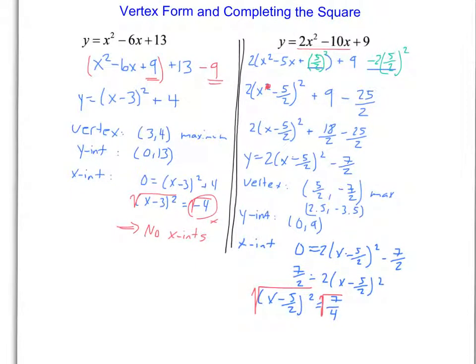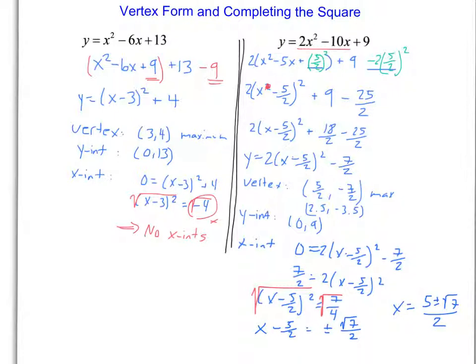So on the left, I'm going to get x minus 5 over 2. On the right, I'm going to get the square root of 7/4, so it's going to be plus or minus. Top is still square root of 7. The bottom is going to become a 2. And then I can add that 5 over 2 to the other side. So I get x is 5 plus or minus root 7, they have the same denominator, 2, all over 2.